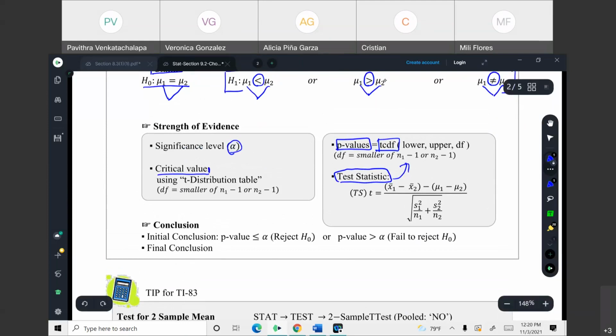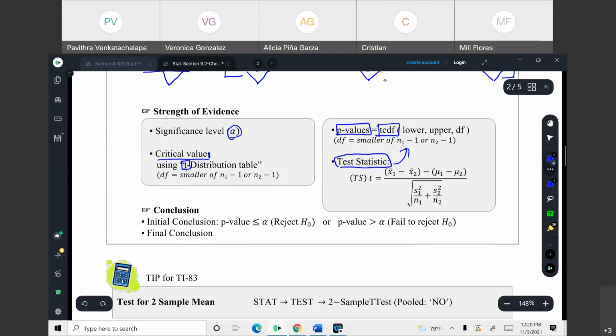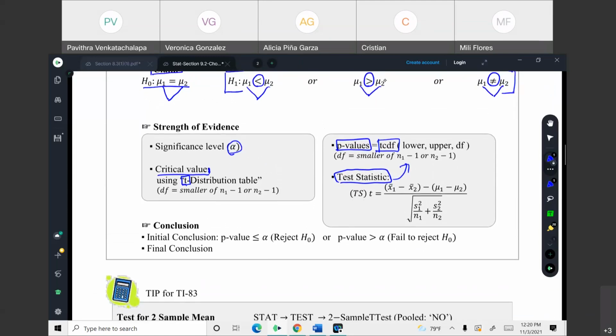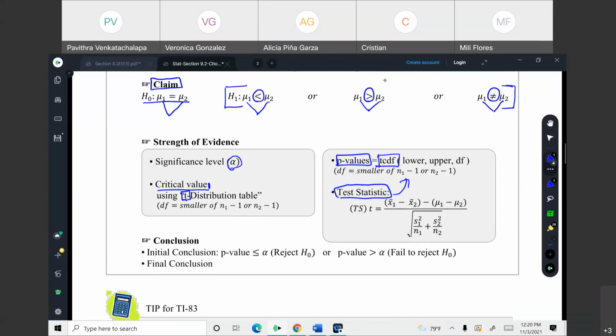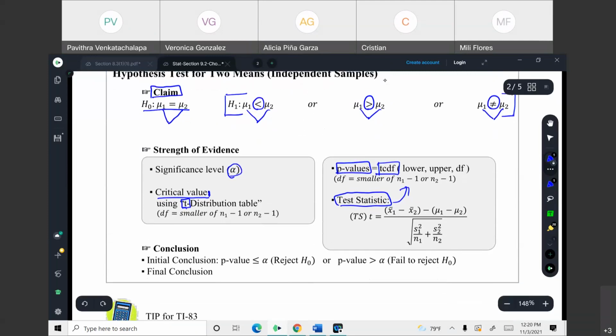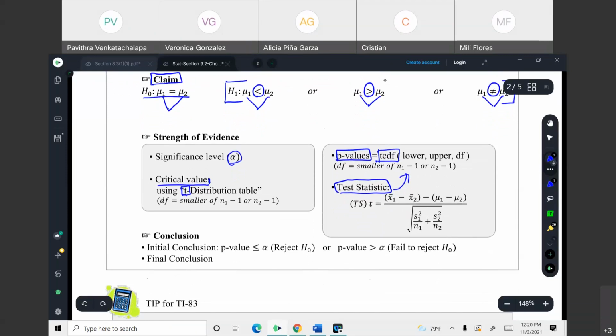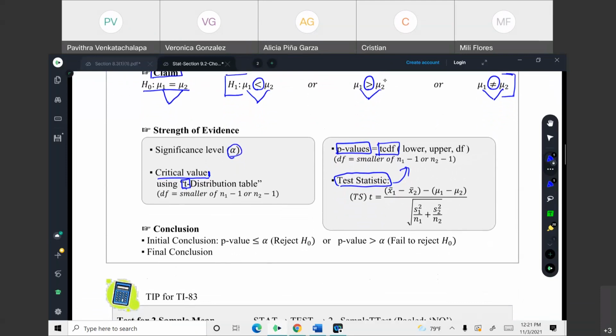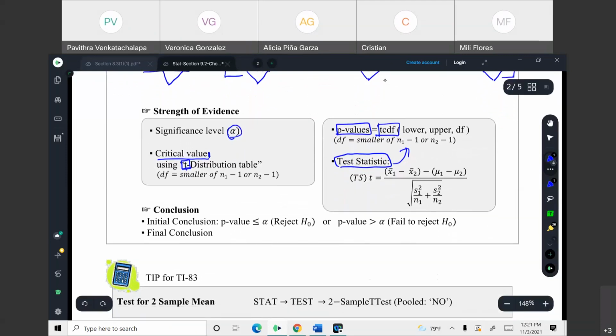Now my question is, I said critical value and they are using t-distribution, and why is that? Okay, that's one person, and it is mean. Okay, so whenever you are doing hypothesis testing for mean, you will be using t-distribution.